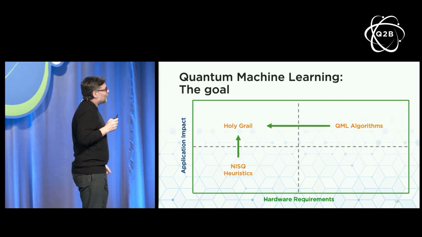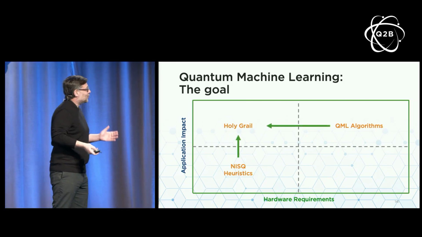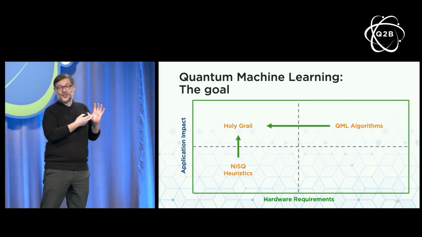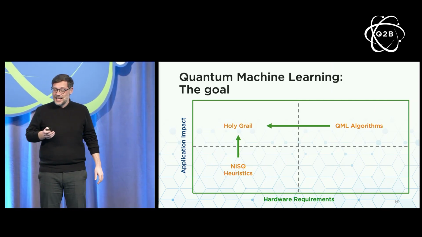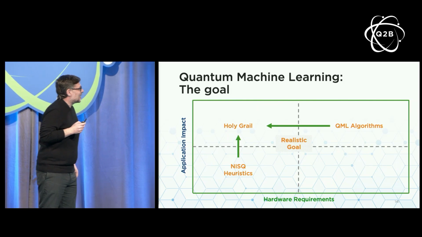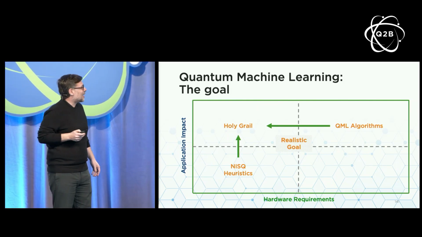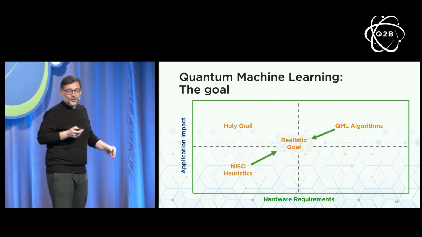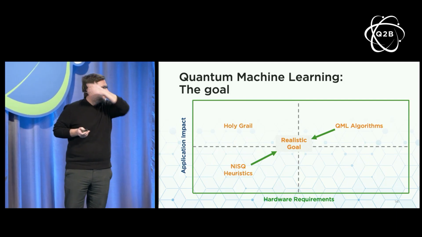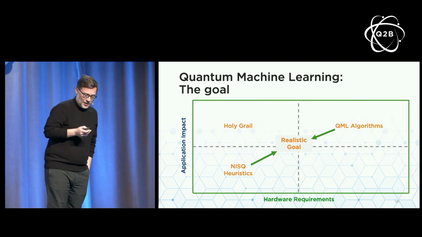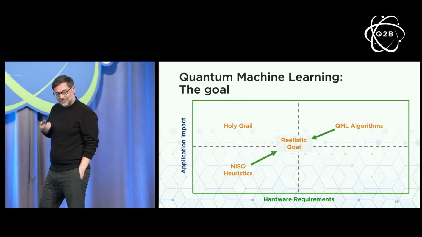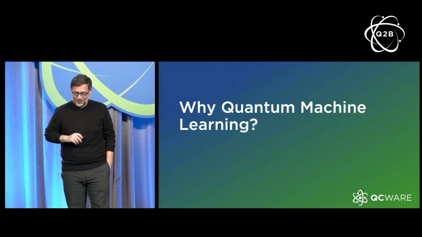Okay, so what are we going to try to do? We're going to push both directions in order to get our holy grail. And because I'm a scientist, I can put a more realistic goal, which is somewhere in the middle, and we'll try to go there. Okay, so let's see how we can try to reach that slightly more realistic goal.